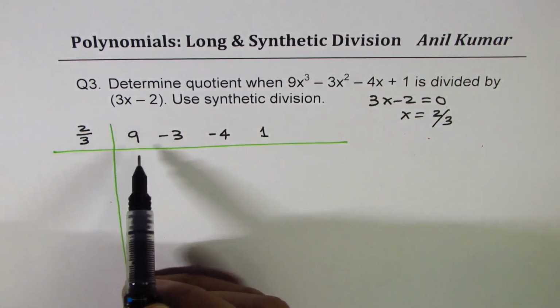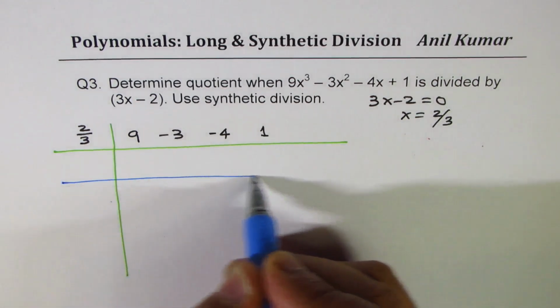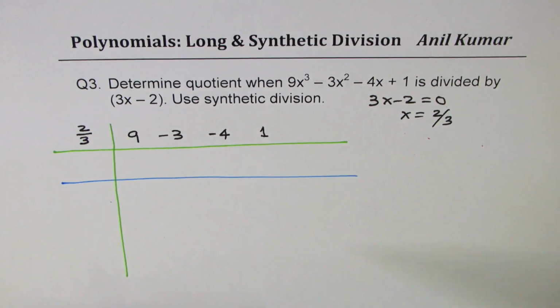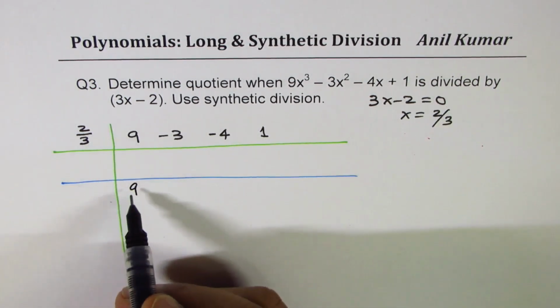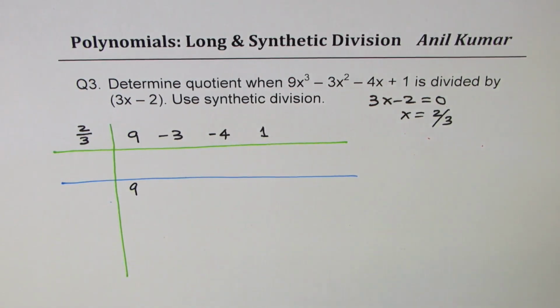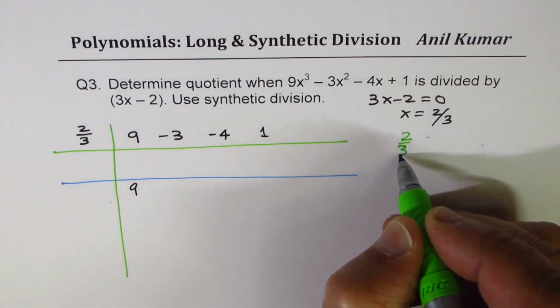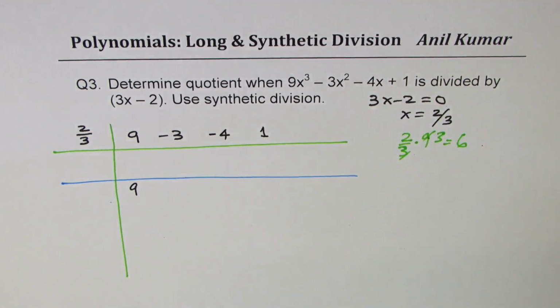Now when you divide by 2 over 3, let's divide and see what we get. Bring down 9, so multiply by 2 over 3. So when you times 2 over 3 with 9, what do you get? Let's do it on the side. So we are doing 2 over 3 times 9, so that divides, we get 6. Do you see that?